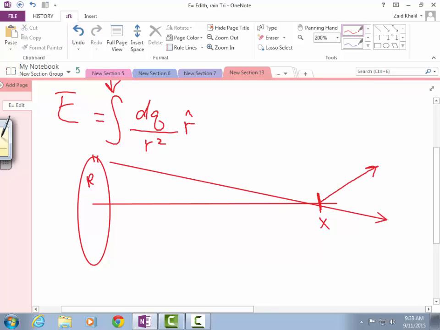So then if you integrate over the whole ring, this side is going to point that way, and this side is going to point that way. So when you sum up over each of these charges, where is the net electric field going to point? Straight out. So that is the component that survives.